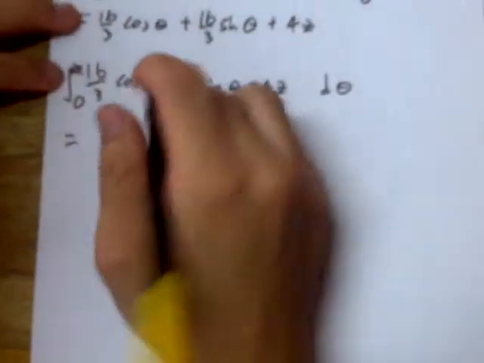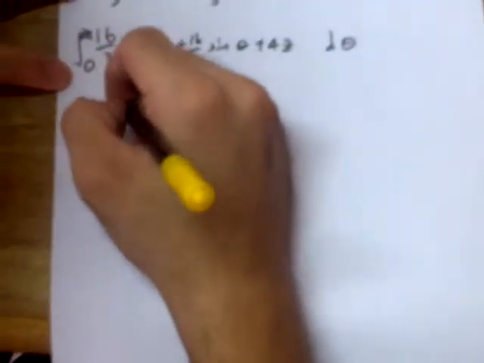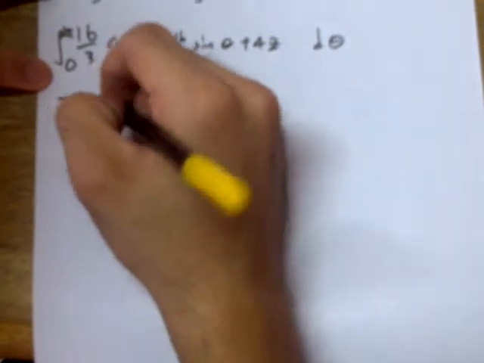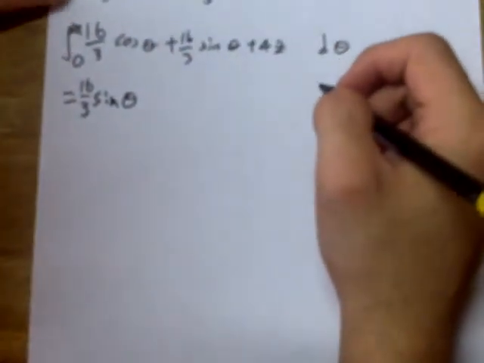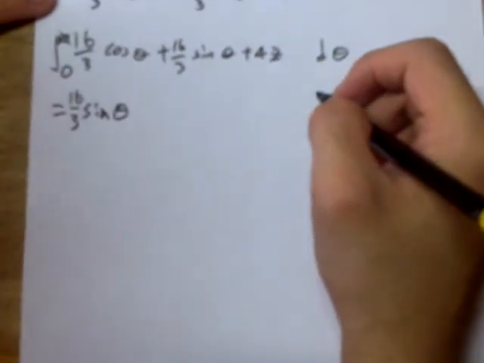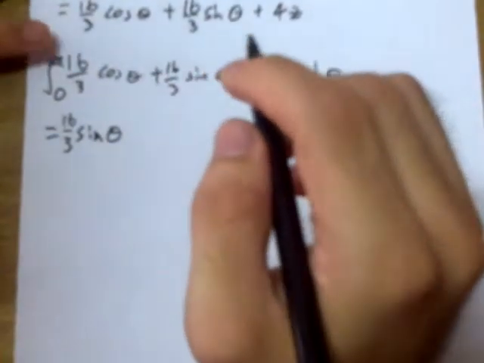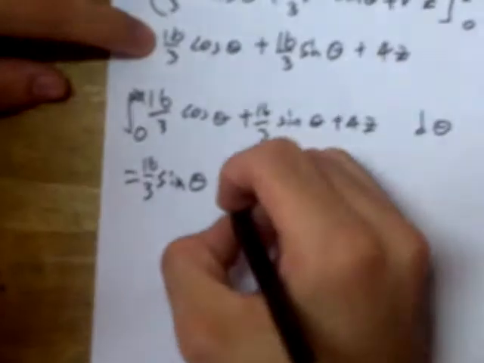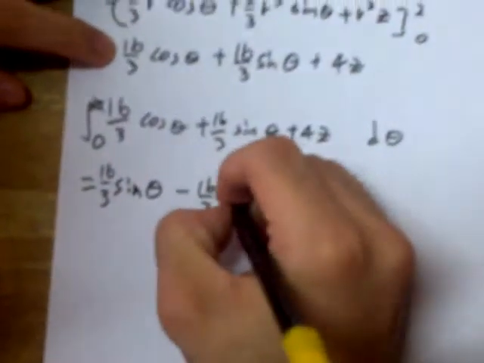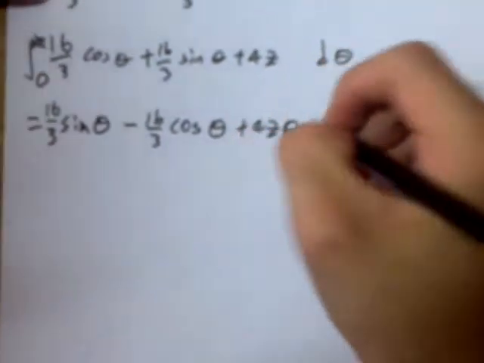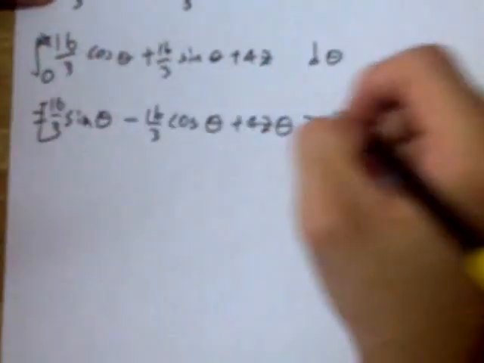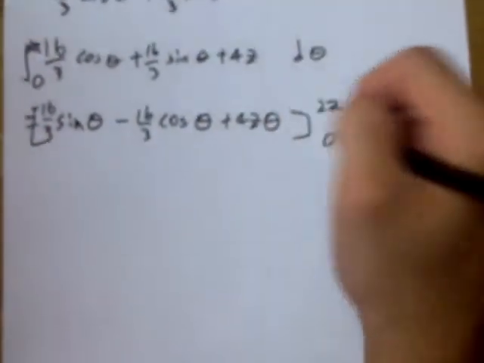The integration of cos theta is sin theta, so 16 over 3 sin theta. The integration of sin theta is negative cos theta, so negative 16 over 3 cos theta plus 4z theta between 2 pi and 0.